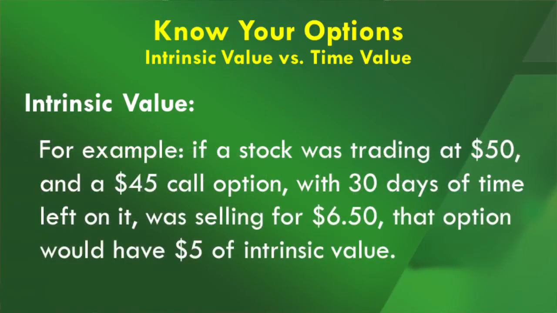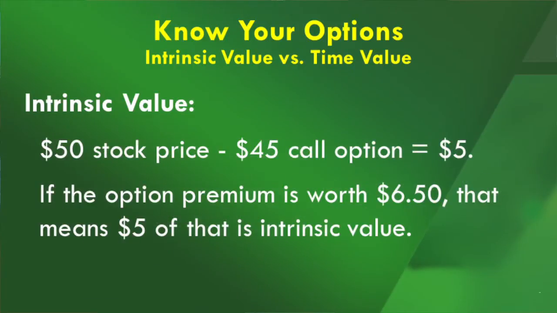So, for example, if the stock was trading at $50 and there was a $45 call option that was selling for $6.50, that option would have $5 worth of intrinsic value. So the way the math works out is $50 stock minus the $45 call, that's $5. So if the option premium is worth $6.50, that means $5 is intrinsic value, or in other words, 77% of that option is comprised of intrinsic value.